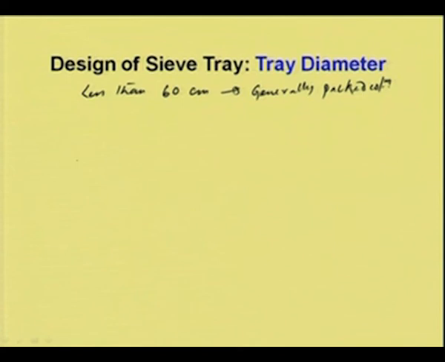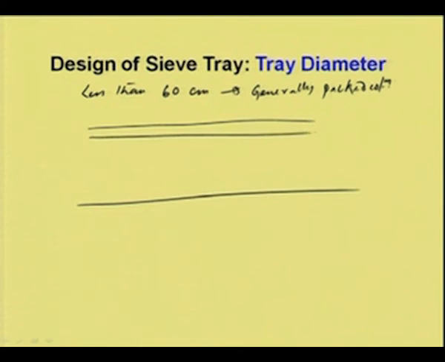So, as we said, there is a relation between tower diameter and the tray spacing. So, diameter d_T in meter and spacing T_S in meter.